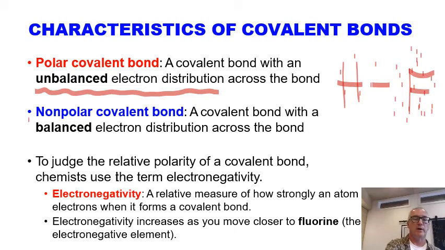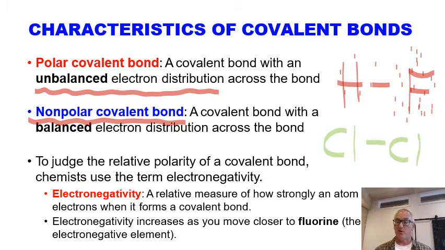Now a nonpolar covalent bond means that each atom has pretty much the same electronegativity. And you would see that if you had something like a chlorine molecule. I have one chlorine, I have another chlorine. By definition, they have exactly the same electronegativity.